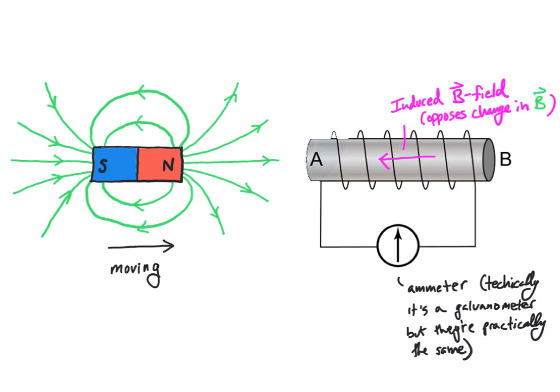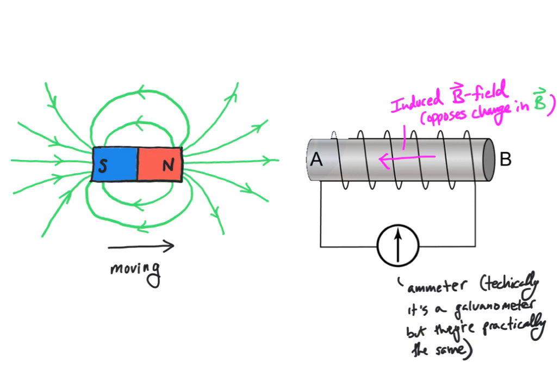So since the magnet's field is getting stronger, the solenoid is going to end up creating a magnetic field to cancel it out to some extent. Now again, the magnetic field in the solenoid is created by charges moving around it. So the changing magnetic field causes a current to flow on the solenoid, and the current flows because of an induced electric field.